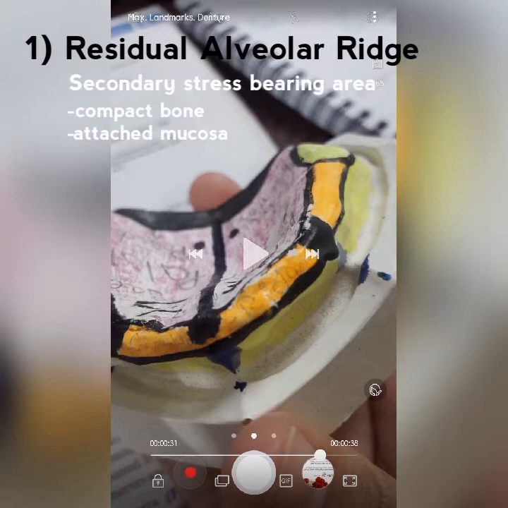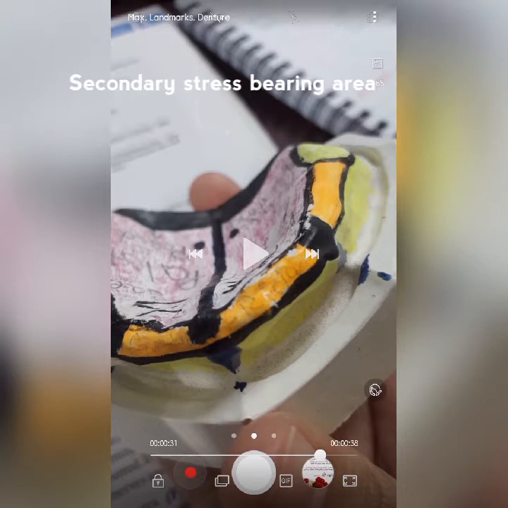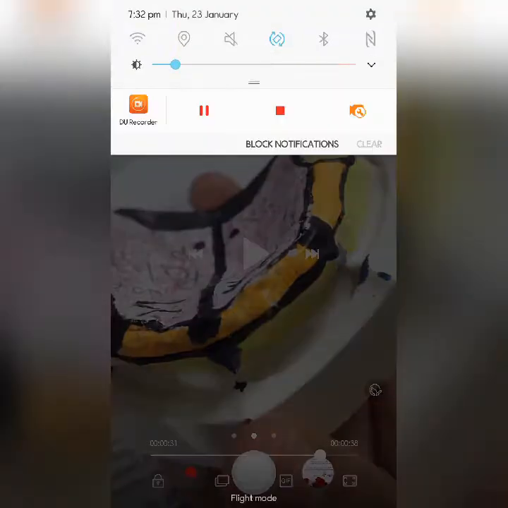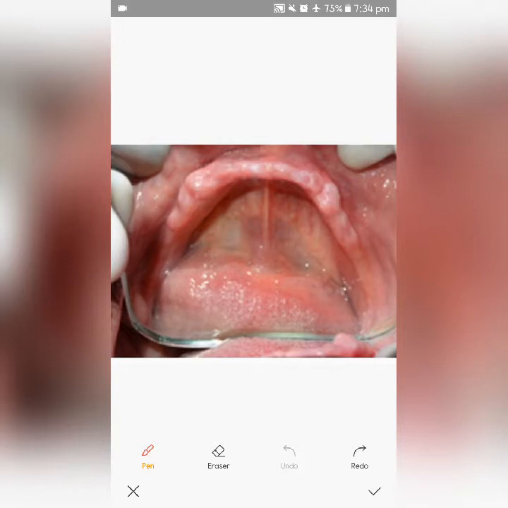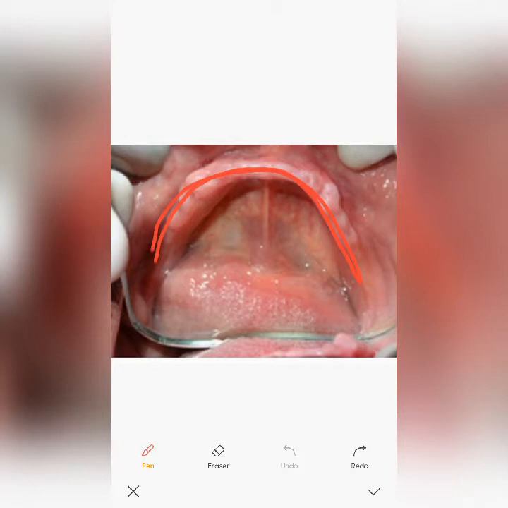It also is covered with a fibrous connective tissue layer, which is firmly attached to the bone, so that's why it can be used as a secondary stress bearing area. This is your residual alveolar ridge. As you can see, this is our secondary stress bearing area.